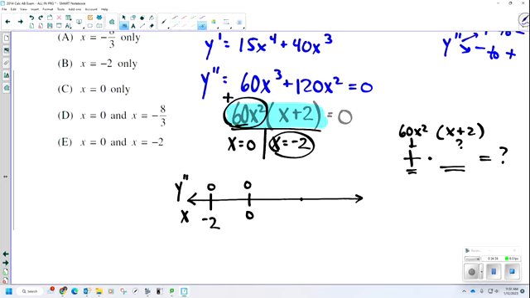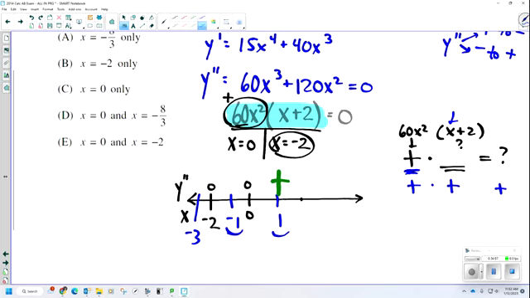So let's pick numbers. Let's pick 1, negative 1, and negative 3. Let's start with our 1. If I throw a 1 in here, 1 plus 2 is 3. It's a positive value. Times a positive would give me a positive. So it's positive times positive. Good. Let's pick the negative one.